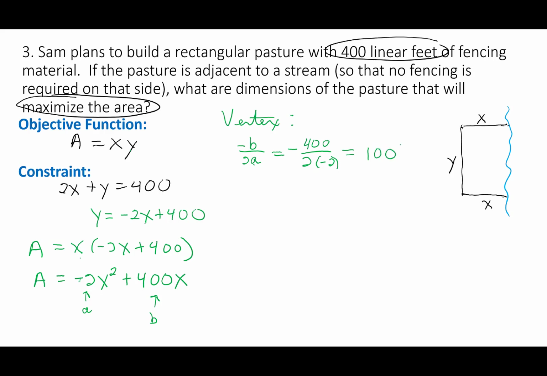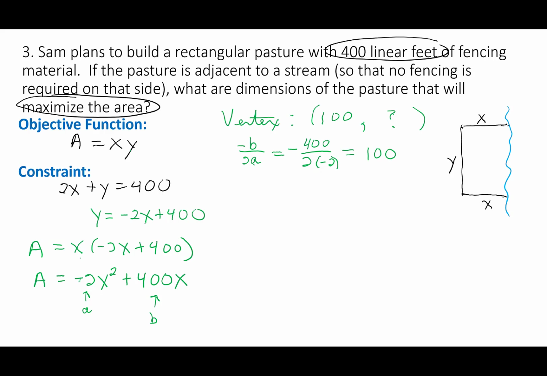So my vertex occurs at the point where x is 100. So we don't know quite yet what the area is at that point.